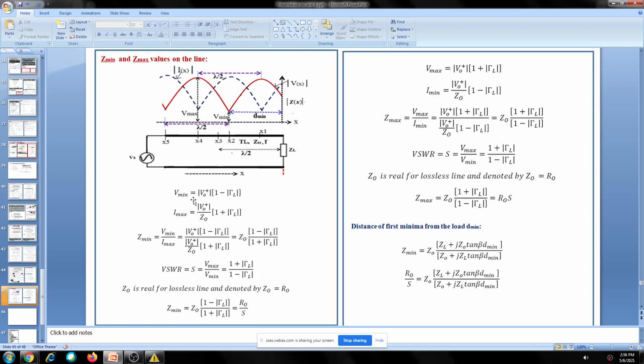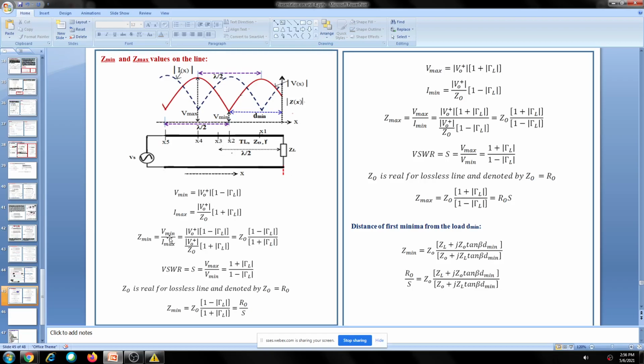Okay, you can show this, you can prove it like this. So how do you do that? At a voltage minimum, impedance is minimum. You take a ratio of voltage and current at that position, that is at x2. At x2 voltage is minimum and current is maximum. V minimum is given by this equation. Current maximum value is given by this equation. You take a ratio of these two, that gives the impedance at this position, x2.